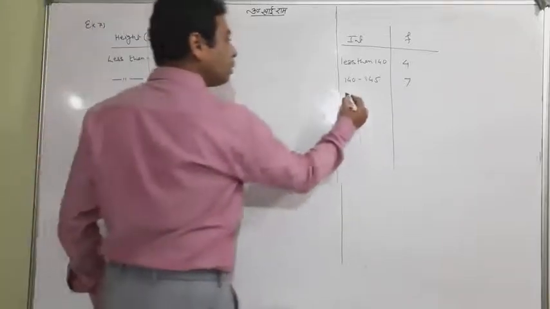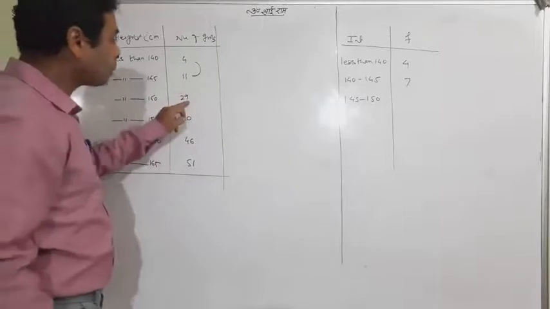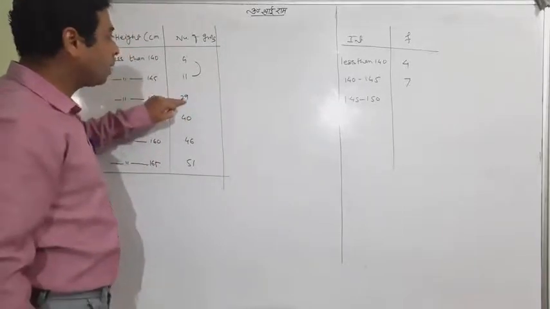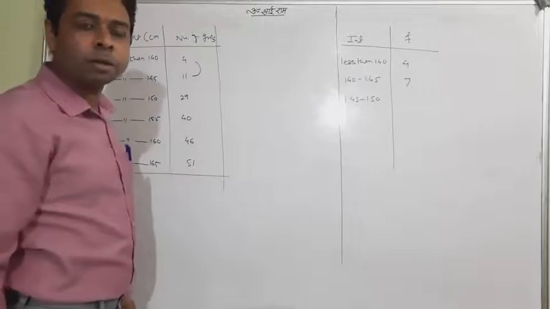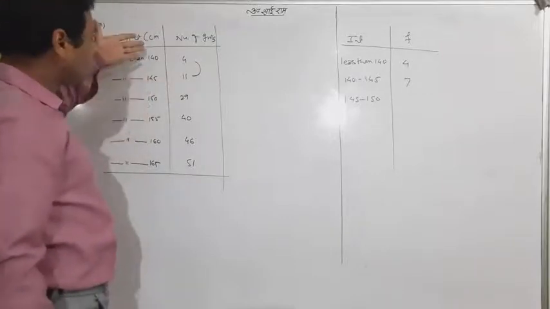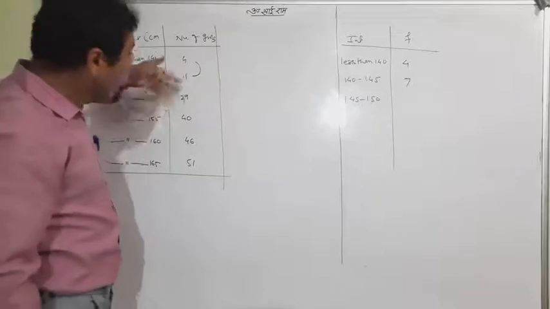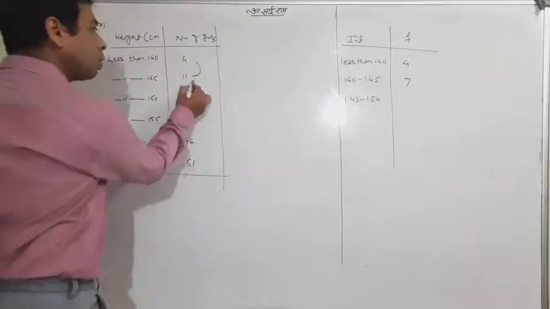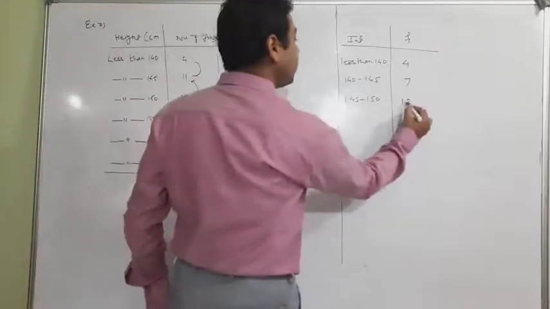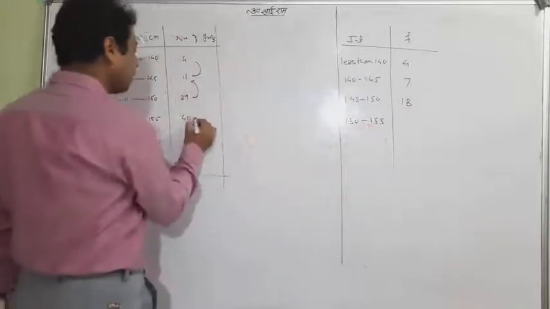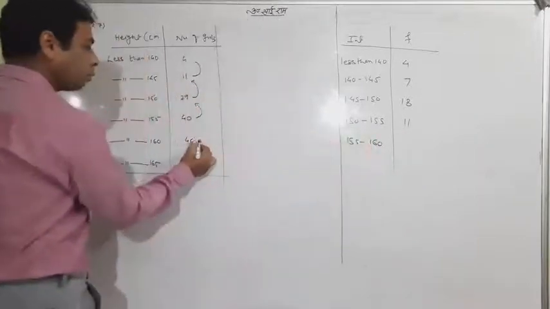So if you want to find those girls having height 145 to 150, definitely what we will do is subtract 11 from 29, because the following one, less than 150 having 29, is including all the previous ones. So as we subtracted 4 from 11, we will subtract 11 from 29, we will have 18, and similarly we will go till the end. For 150 to 155, I'm subtracting, and for 155 to 160 I'm subtracting that one also, meaning 6.